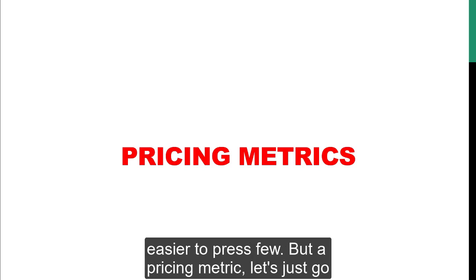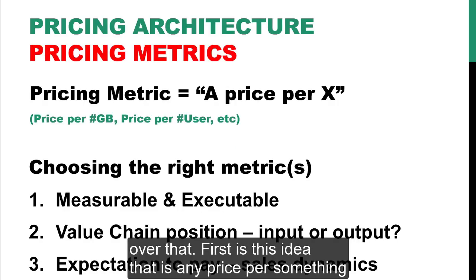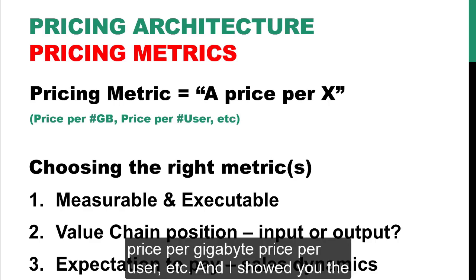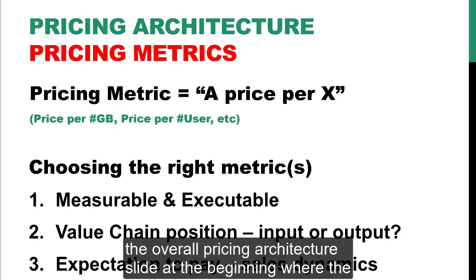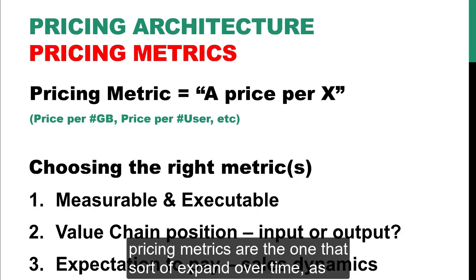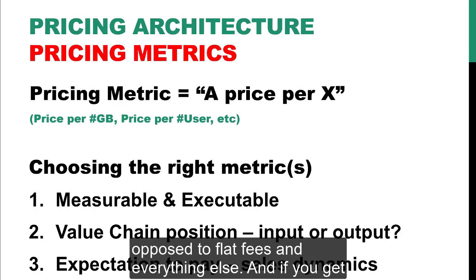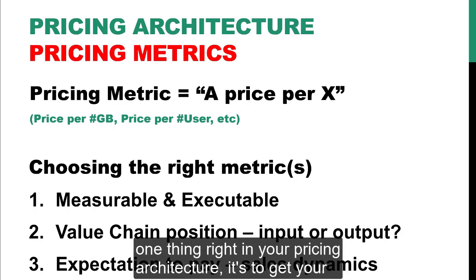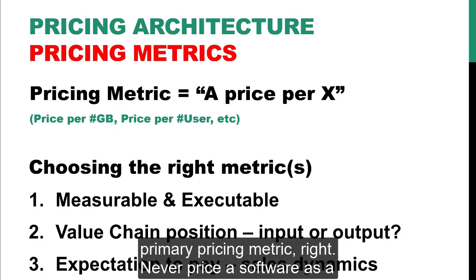But a pricing metric, let's just go over that first, is this idea that it's any price per something. Price per gigabyte, price per user, etc. And I showed you the overall pricing architecture slide at the beginning, where the pricing metrics are the ones that expand over time as opposed to flat fees and everything else. If you get one thing right in your pricing architecture, it's to get your primary pricing metric right.